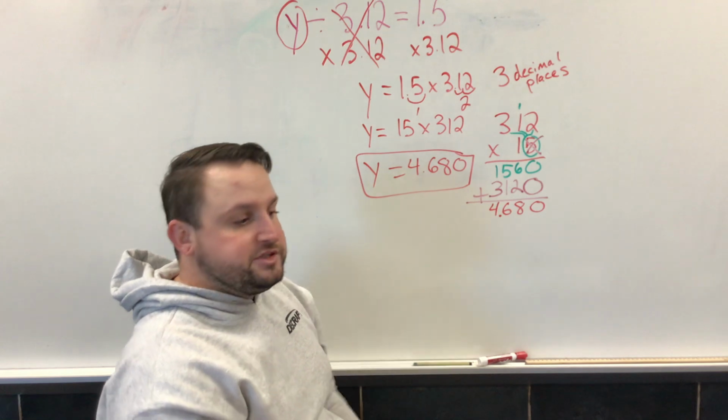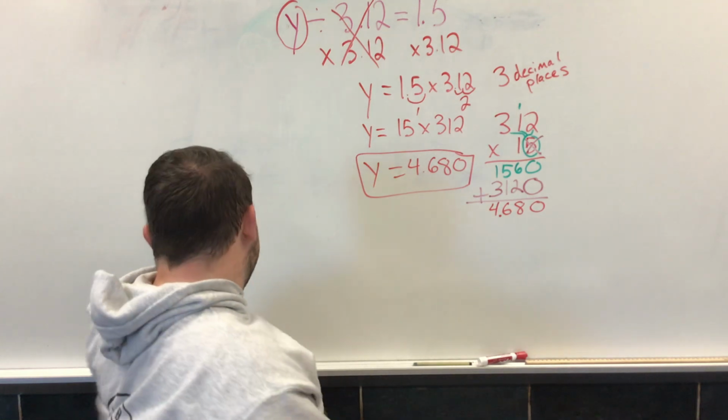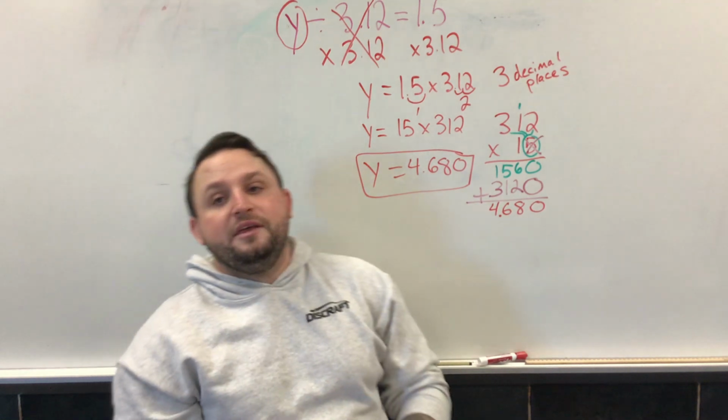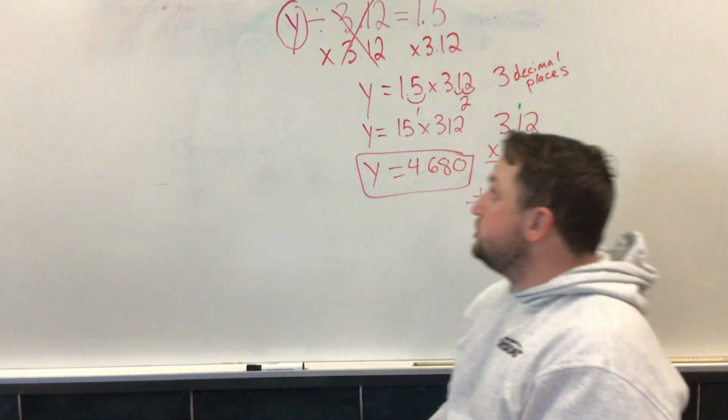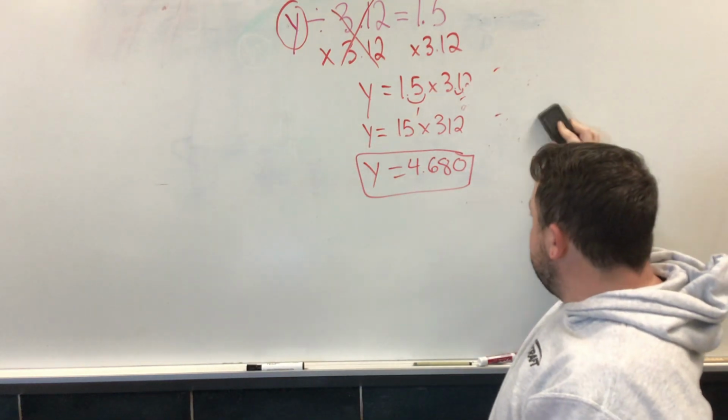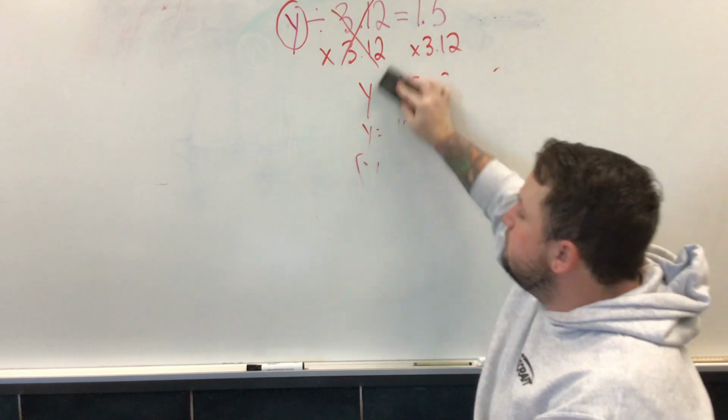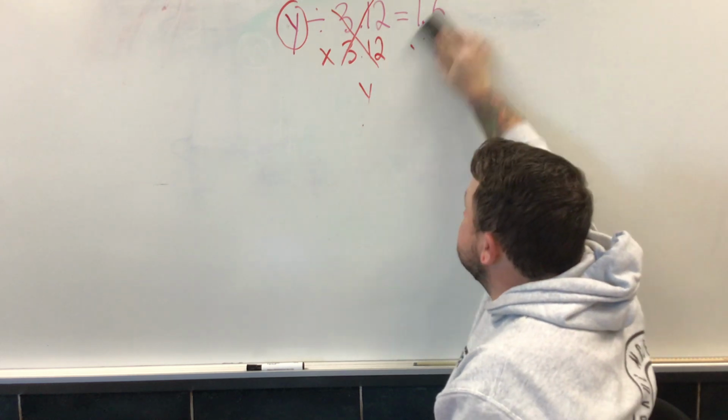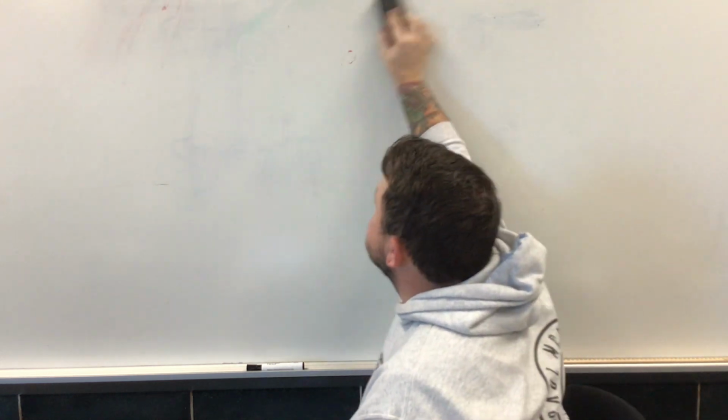Put your decimal in the correct position. We're good to go. Okay? That is a division of algebra, or an algebraic division equation. To solve it, you must use multiplication. Okay? Cool? All right, I think we're good with decimals. I think we've gone over every single decimal example here.